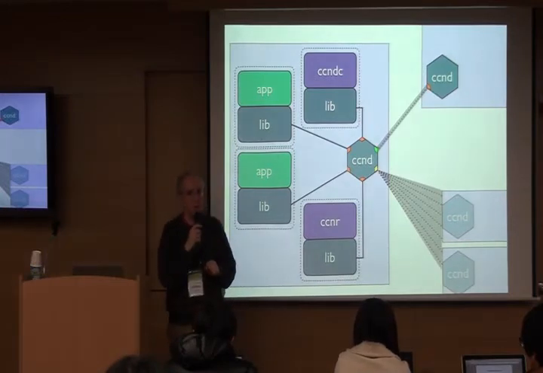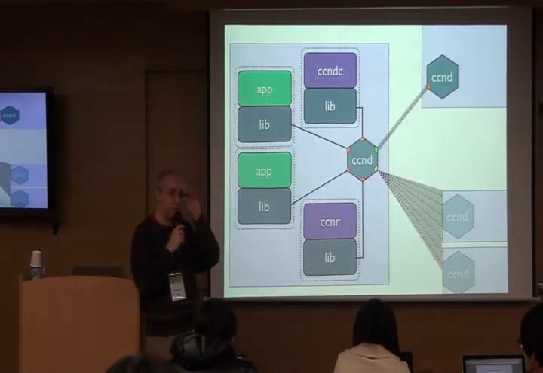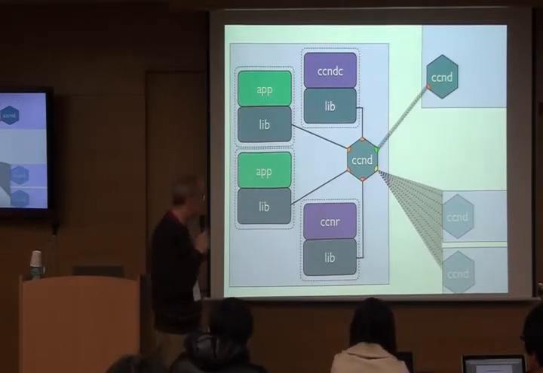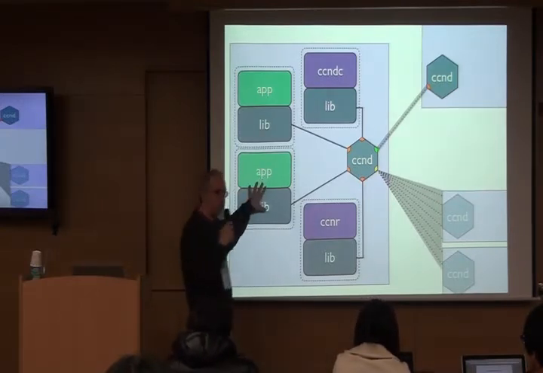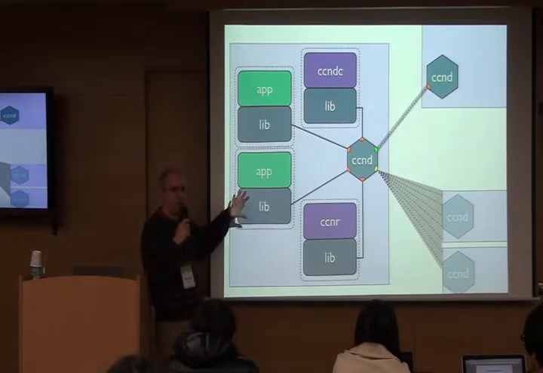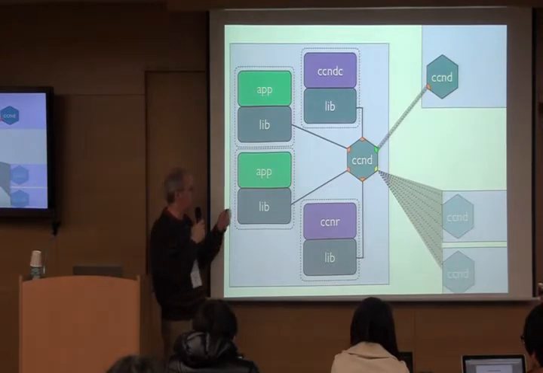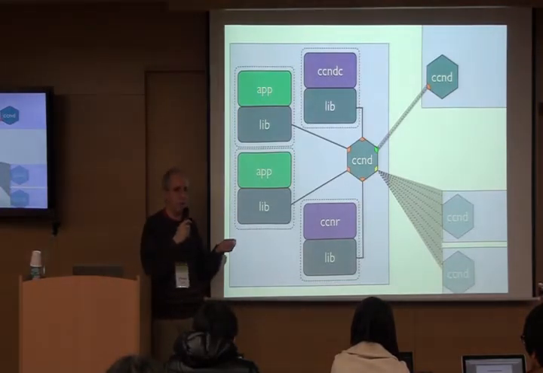And then when one application wants to request something, it's going to check CCNR first, maybe the other application generates that. Or no, so what applications do, as we'll start to see, is they ask for data. They send out an interest. The idea of NDN communication is that it's the network's job to satisfy that interest.